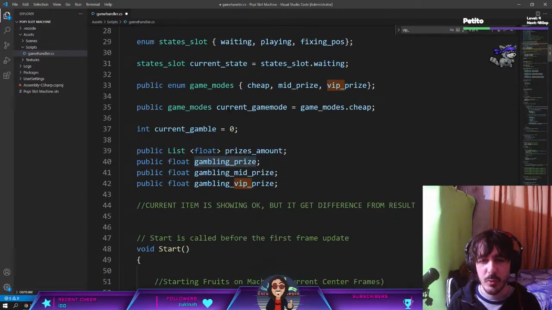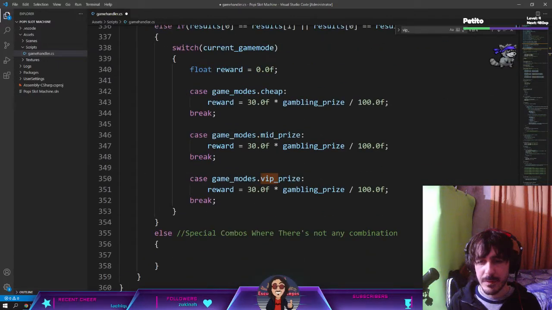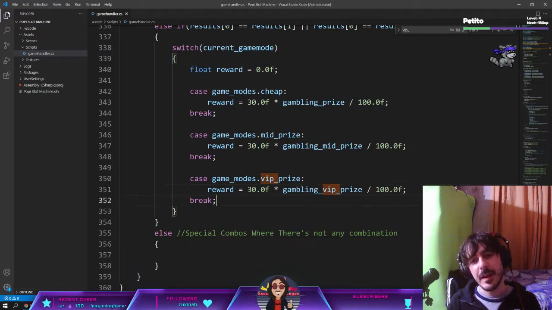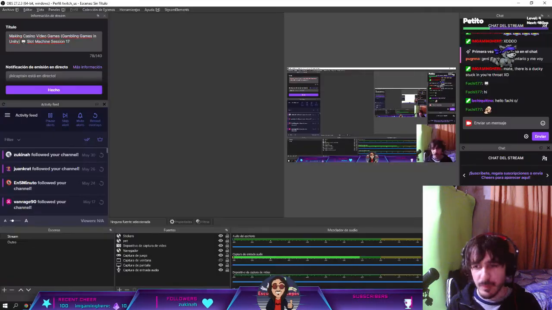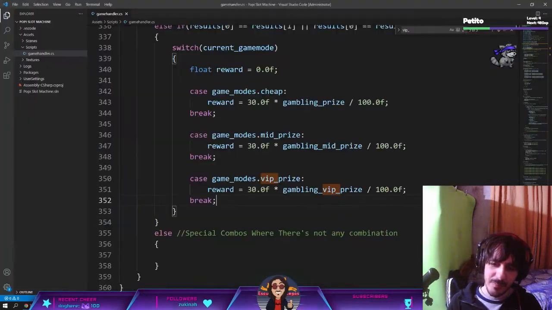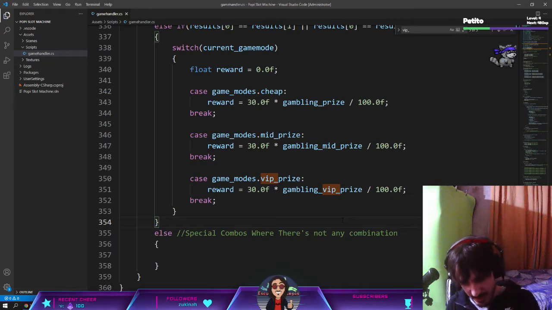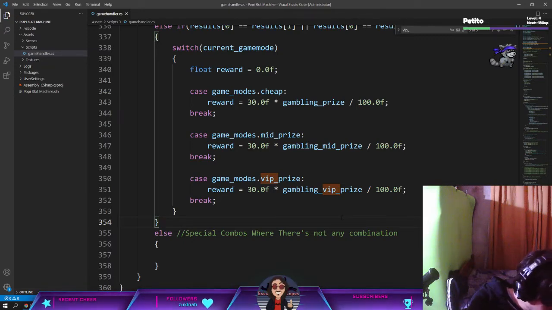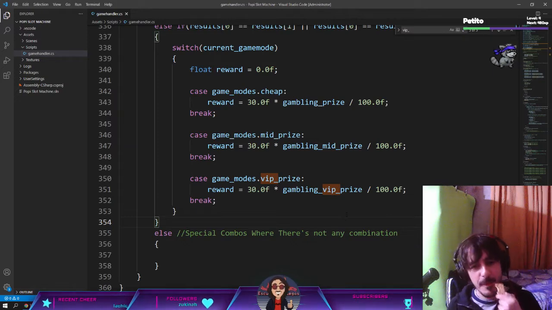So I have to use the proper variables. Okay. Now I have the three game modes. Fudge is thinking. It's like creating some machines while I'm doing this.